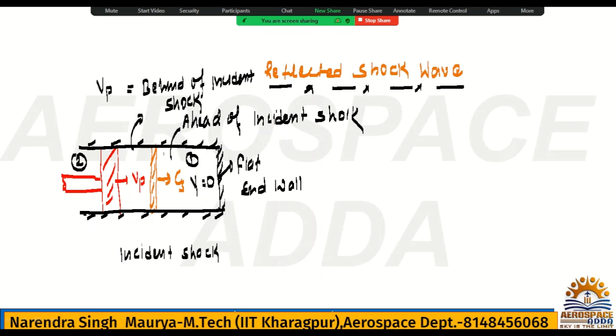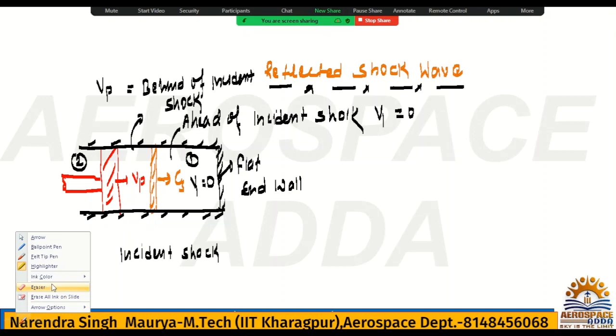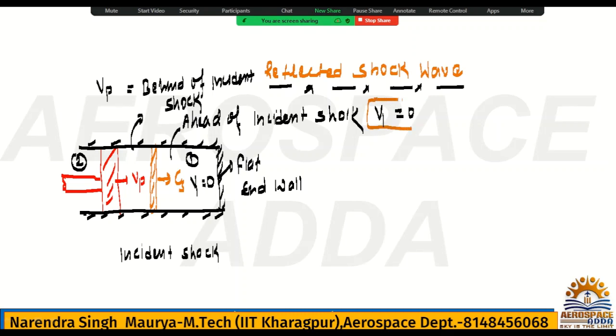What is the velocity ahead of the incident shock? V1. All right. So we need to understand this coordinate system, because we'll change the coordinate again. Okay. This is the one case, Vp towards the end wall.